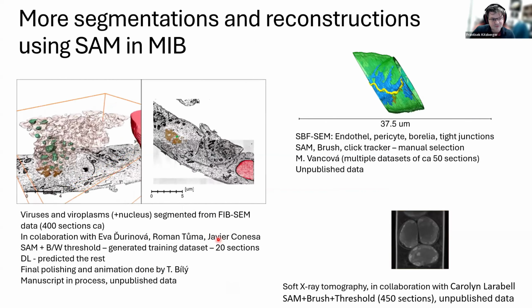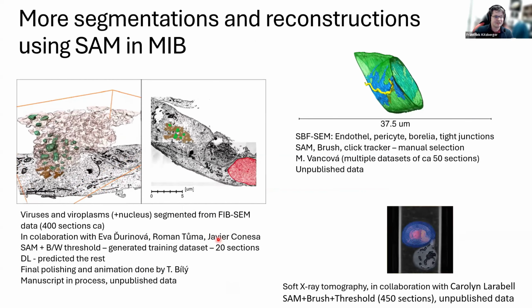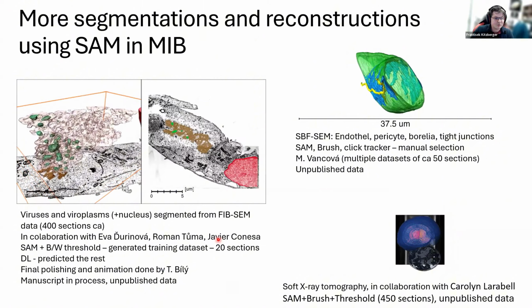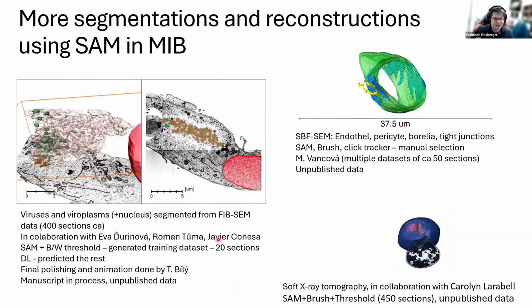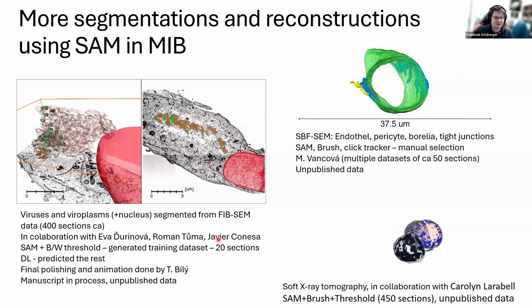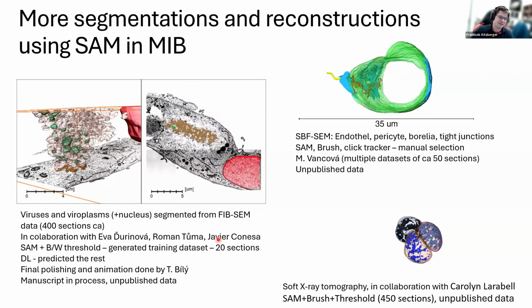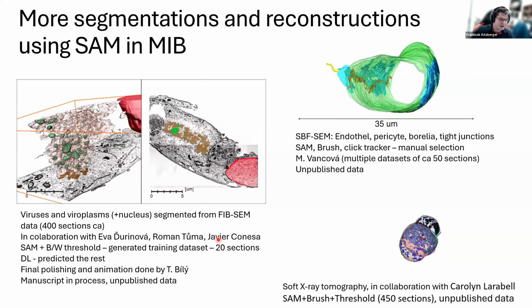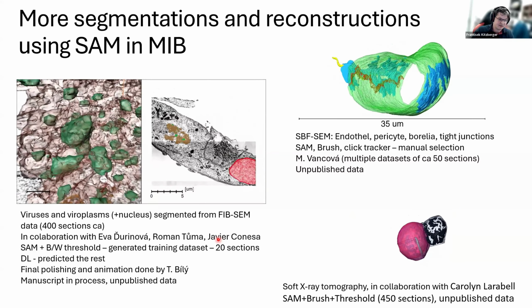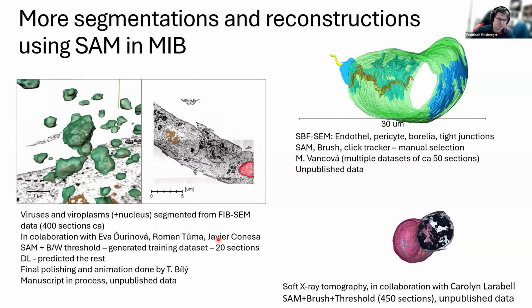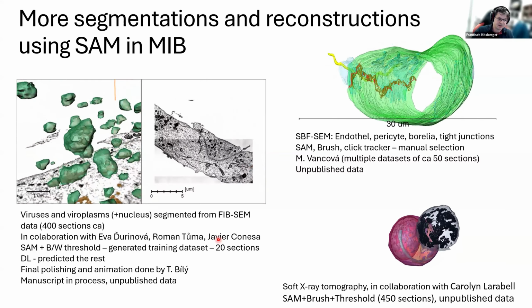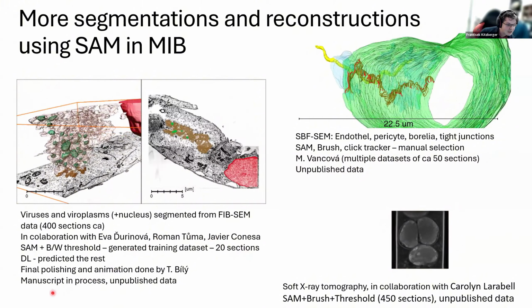So then, of course, once we learned to use this tool, we could process way more data, way faster. The data on the left show the viruses and viroplasm in the infected tissue. This data set was done in collaboration with Eva Durinová Ramantuma, and it was imaged by Javier Conesa from Madrid.